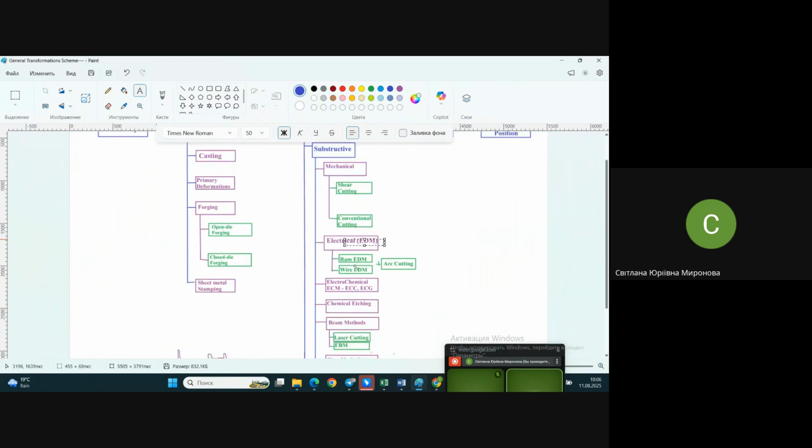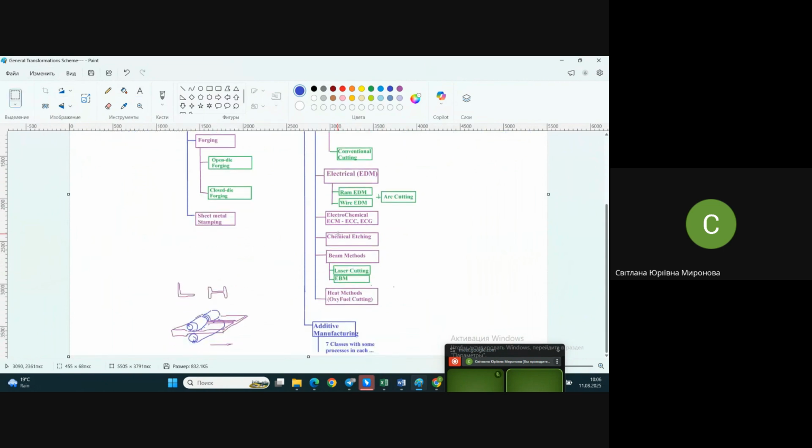Electrical, what does it mean? It means that we are going to use electricity to cut something, not in terms of moving a tool which is made of metal, but to use electrical discharge as a tool, actually. Electrochemical, it's called electrochemical in English, so I wrote it here like electrochemical, but in our language it's called electromechanical. It's easier to understand by this name. What is the essence?